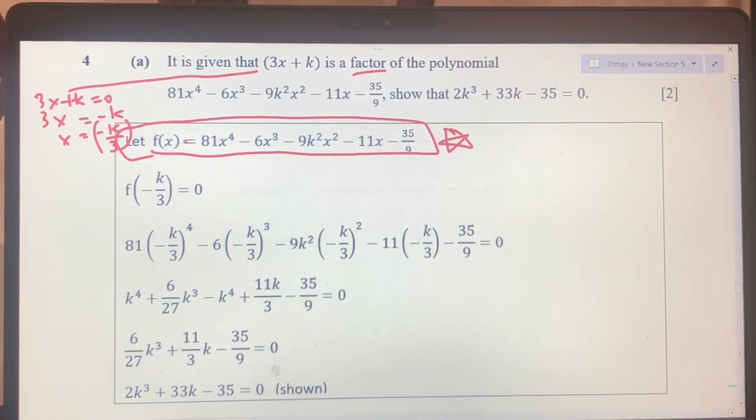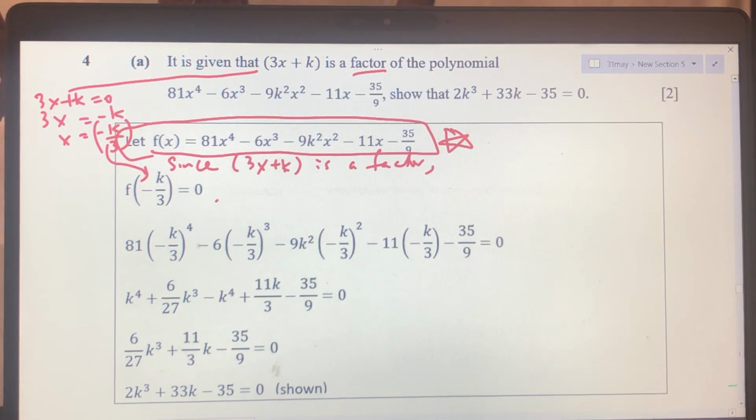So once I've called it f(x) or g(x) or h(x) or whatever, then I can sub in this x value, and I can say that since this 3x plus k is a factor, this is equal to 0.